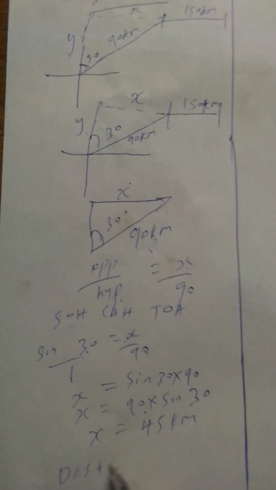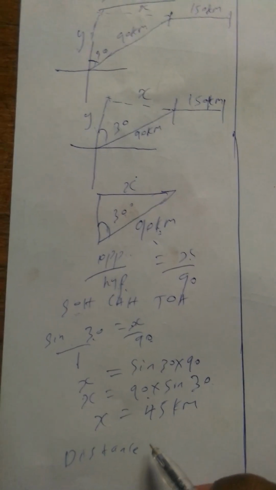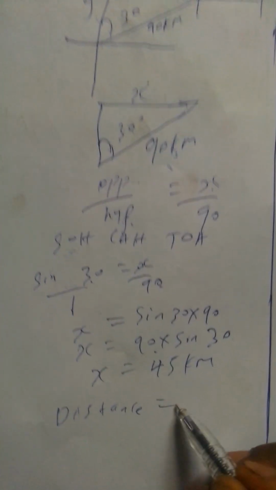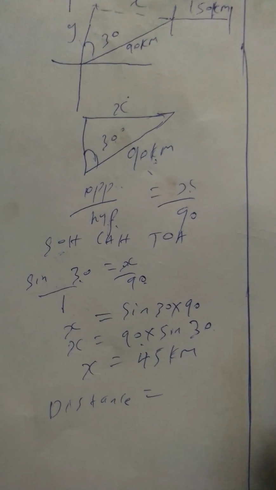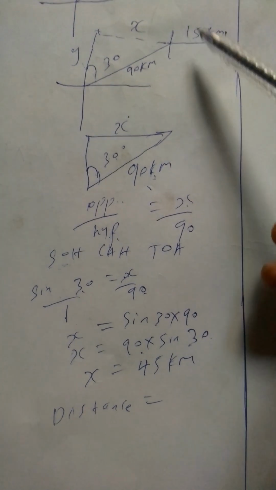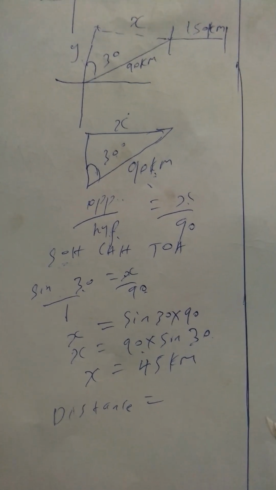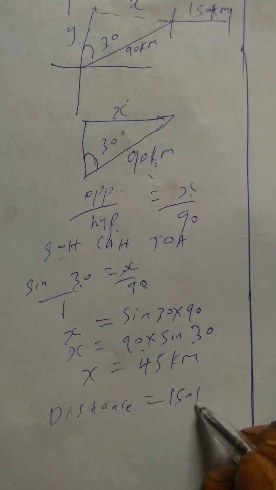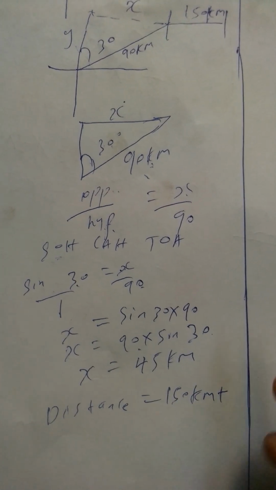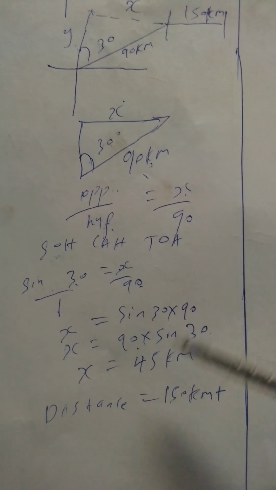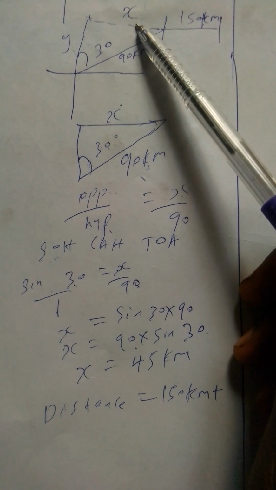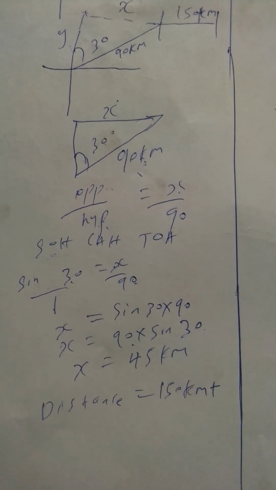The distance now is equal to this point, 150 kilometers, plus this one, x. Now we found x as 45 kilometers.